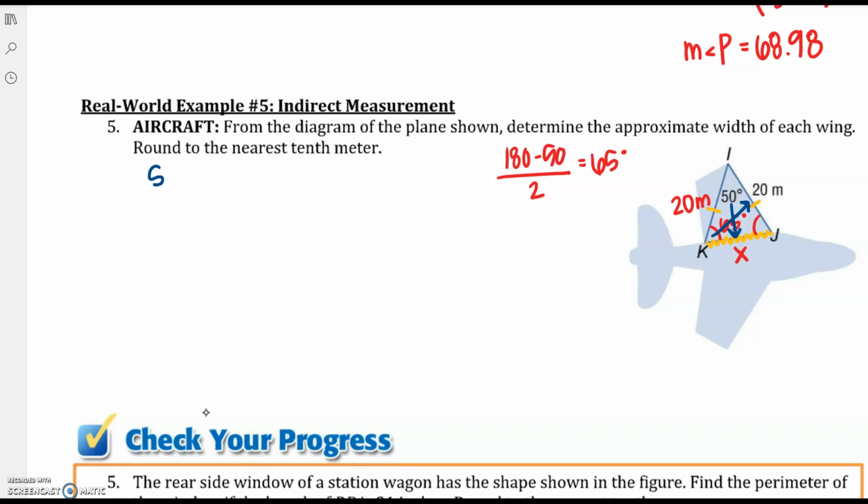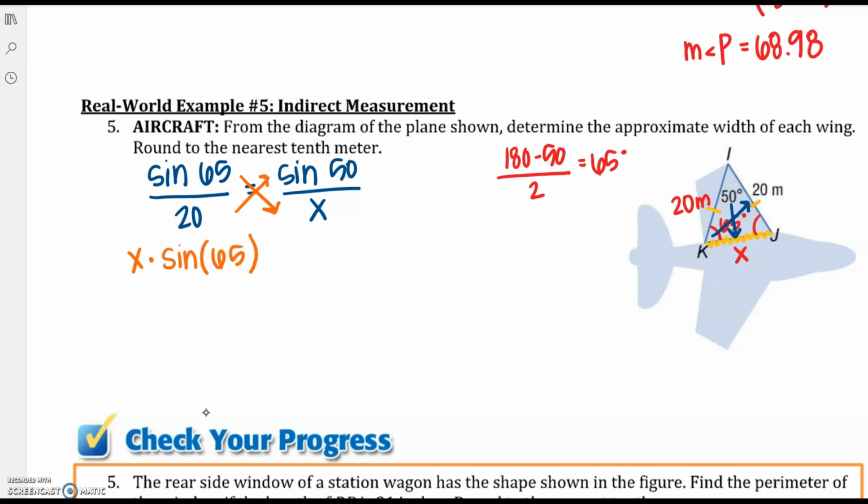All right, so remember law of sine from the first part, sine of my angle over the side that is across from equals the sine of my other angle over the side that is across from. All right, cross multiply that. I get x times the sine of 65 equals 20 times the sine of 50. Getting x by itself, I'm going to divide by the sine of 65.